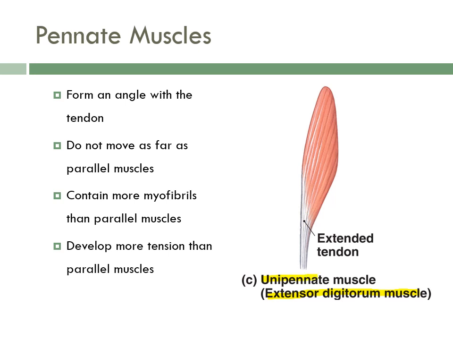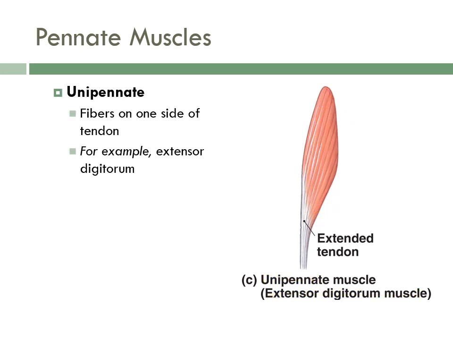Here's unipennate, which means that there is one single bundle of muscle fibers coming off of this tendon. So there we go. Unipennate, fibers on one side of the tendon, so the extensor digitorum is a unipennate muscle.